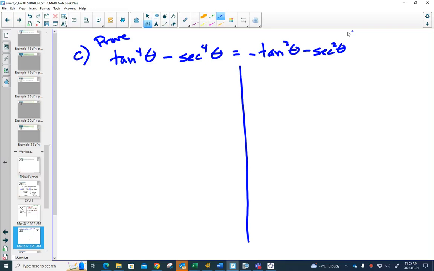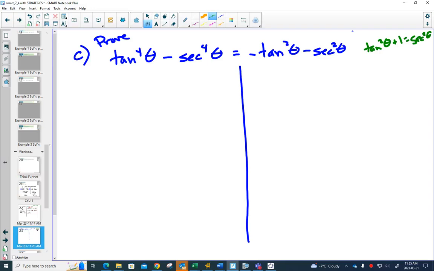Again, in this one, I would be reluctant to change to sine and cos because my equation has tan and secant squared, and if I write it out from our formula sheet, I have that tan squared theta plus 1 is secant squared theta. So they're kind of telling me there's going to be a shorter way.